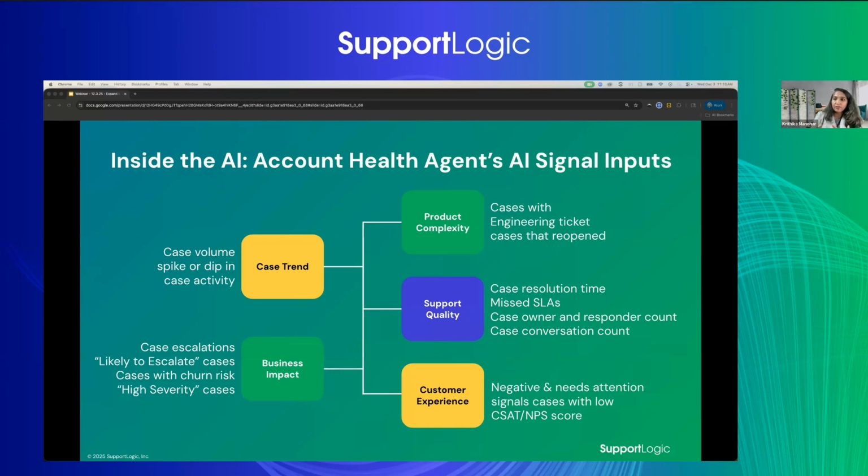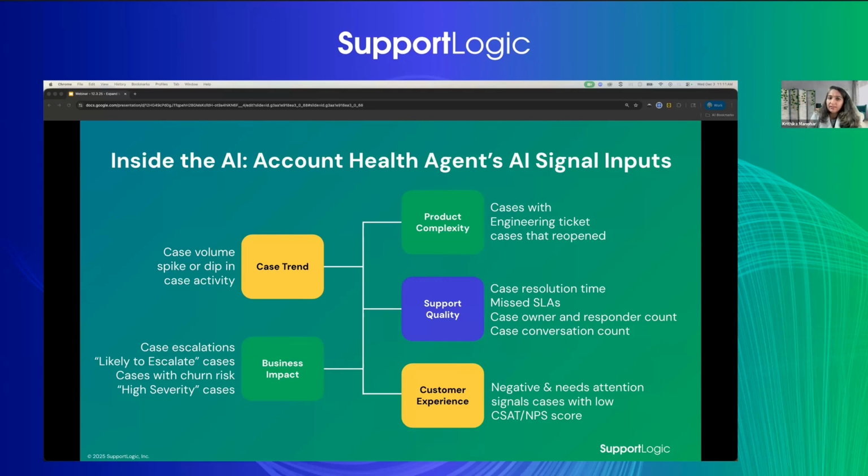And on the flip side, if there are a lot of escalations, or some contributing factors going in the negative direction, then the health score keeps dropping. And when the condition improves, we bump up the health score, right? The score depends on a lot of factors, and we'll go through each one of those factors here. So as you can see, there are broadly 5 categories.